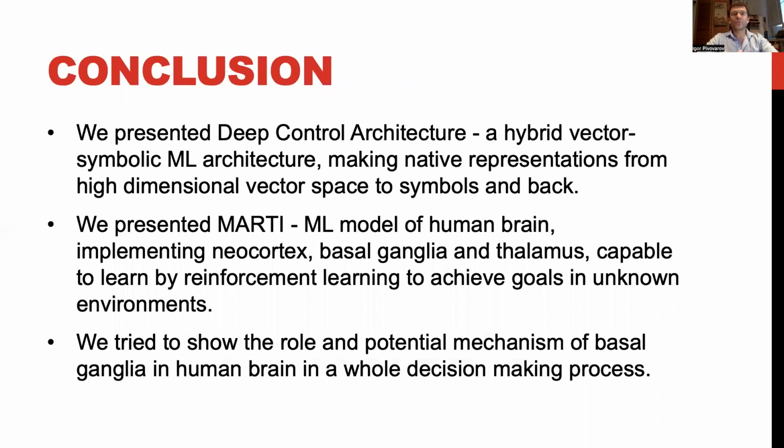So as a conclusion, we present deep control architecture, a hybrid vector symbolic ML architecture, which is implemented in MARTI. It is a new model of the brain with a neocortex and basal ganglia, which is capable of learning in reinforced environments. And one of our goals was to show the role and potential mechanism of basal ganglia in the human brain in the whole decision process.